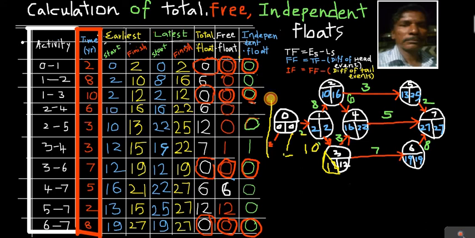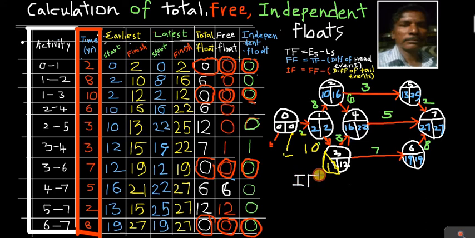Now, where is 3 to 4? 3 to 4 is here, am I correct? 3 to 4 is here. For that I have to find the independent float.